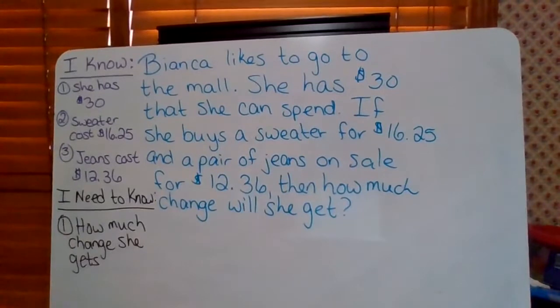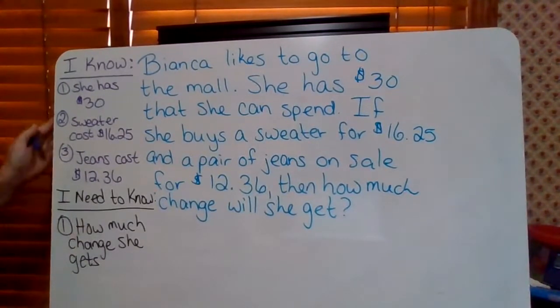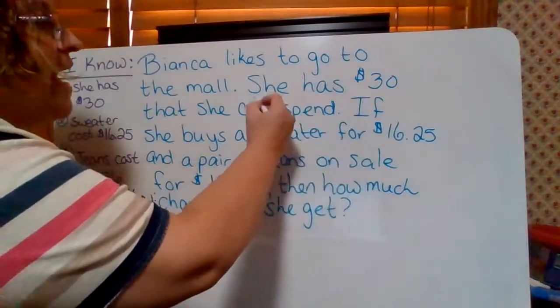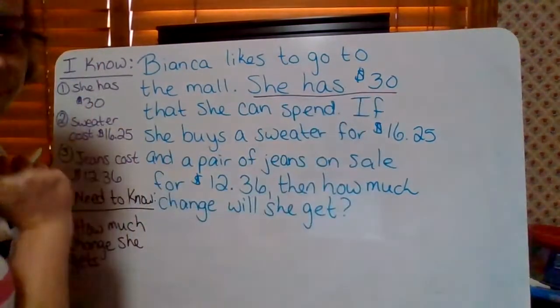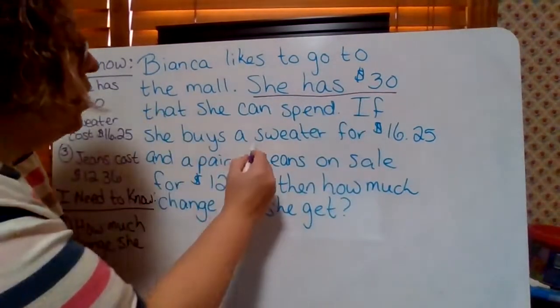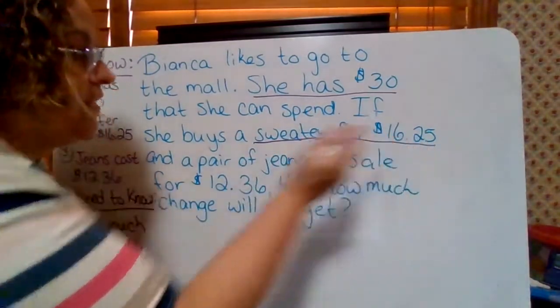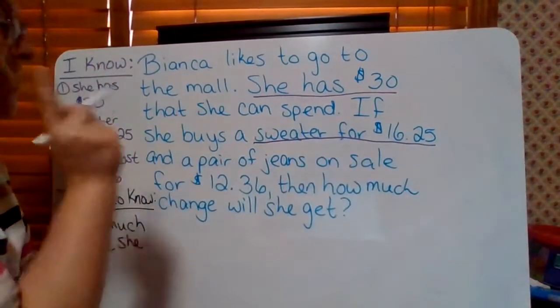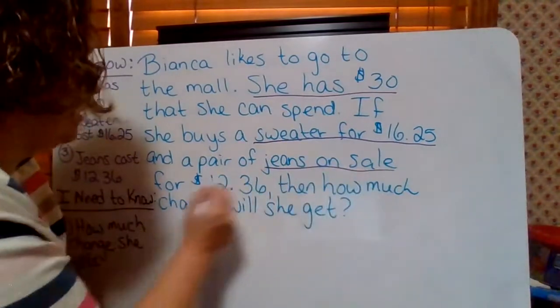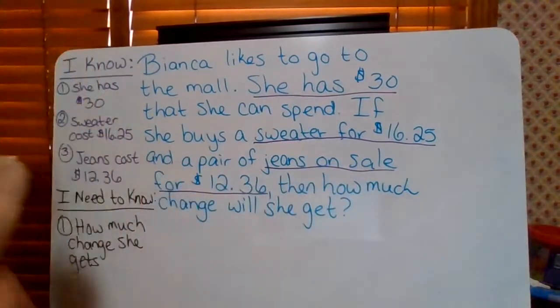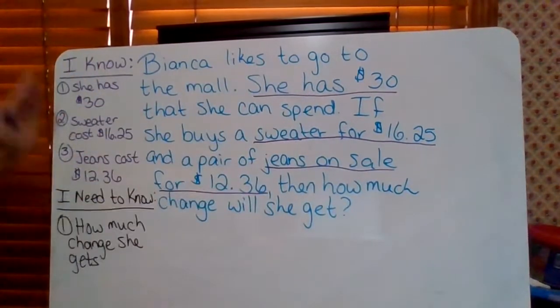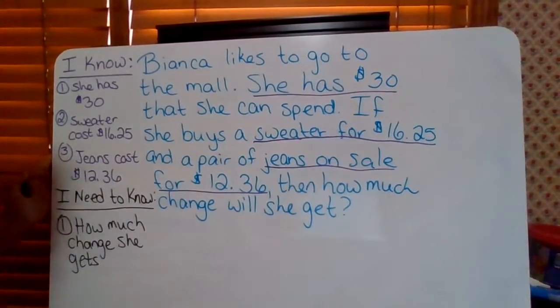So what I'm going to do is I used purple right here, right? So I know that she has $30. I know that she bought a sweater for $16.25. And I know that she bought jeans for $12.36. So those are all the things that I know.